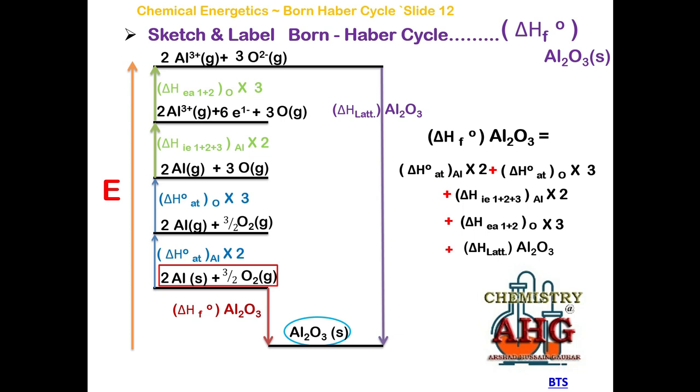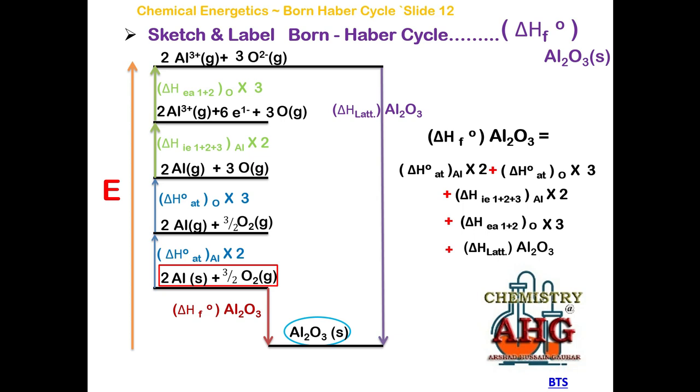Remember, each and everything must be mentioned clearly, because if you miss out even a single piece of information, you will be penalized for 1 mark. So you cannot miss out any physical state, you cannot miss out any labeling. So be careful.